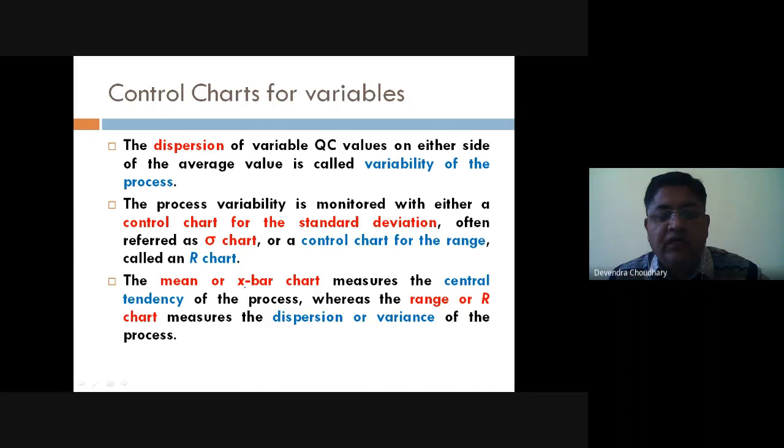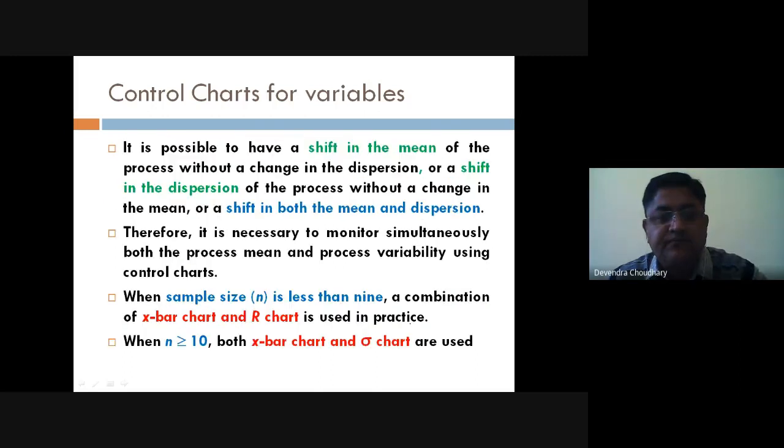The mean or X bar chart measures the central tendency of the process. On the other hand, a range or R chart measures the dispersion or variance of the process.